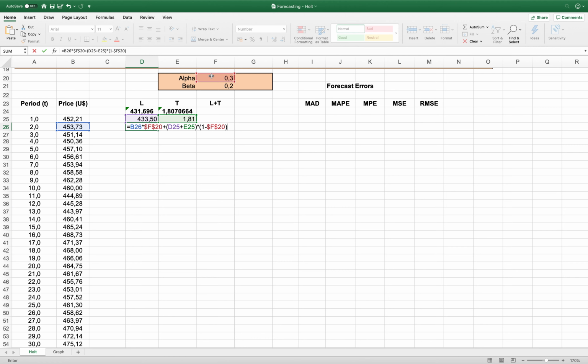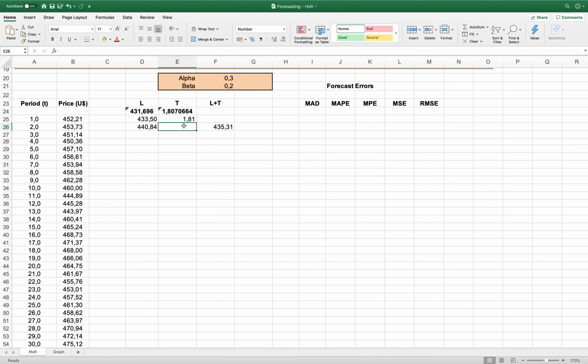Okay, this is the formula. If you look at it closely, we have the observed level times the smoothing parameter, plus the forecasted level times 1 minus the smoothing value. And see that we corrected: our forecast was 435, the actual was 453. So we took a figure in between using the alpha.